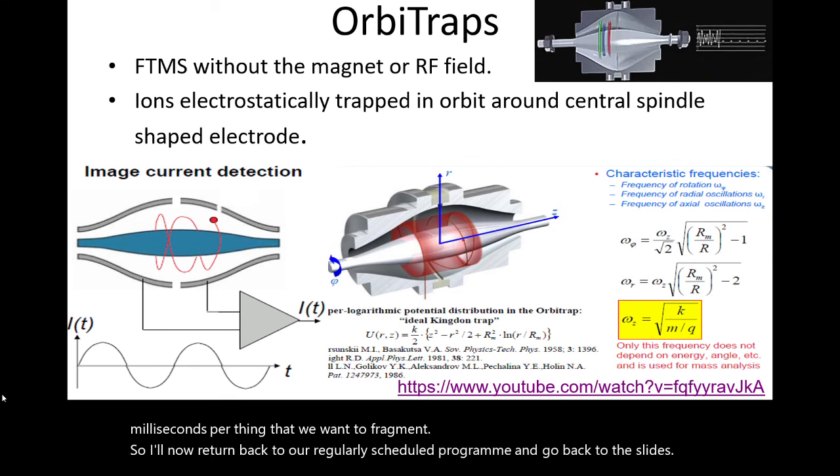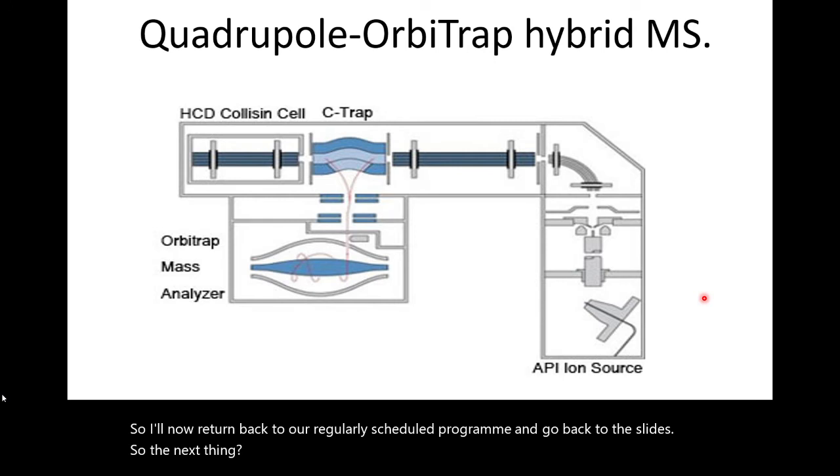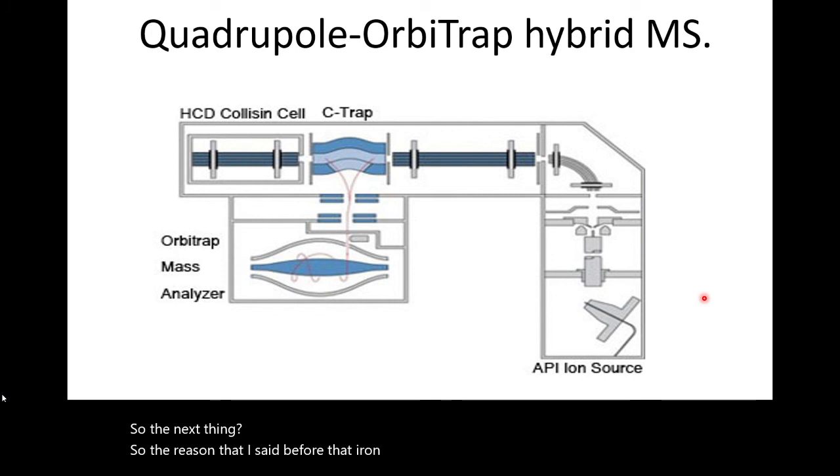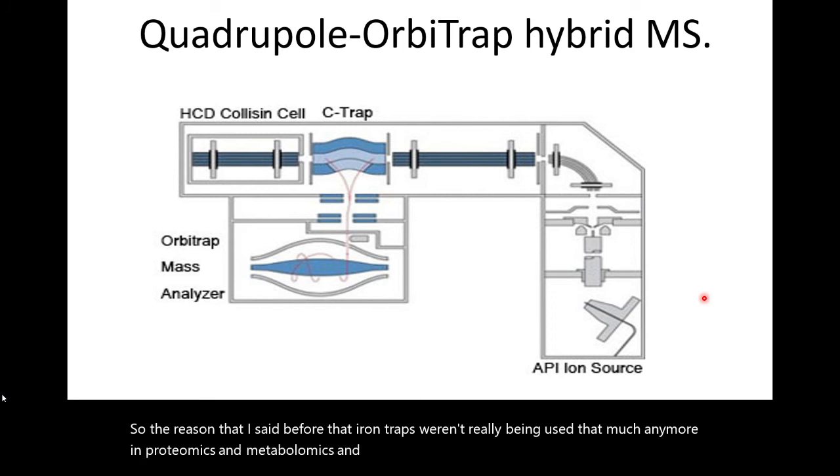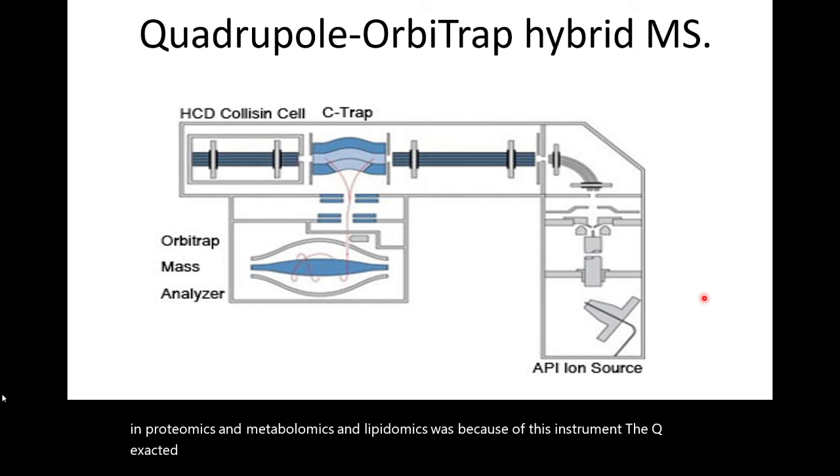So the next thing: the reason that I said before that ion traps weren't really being used that much anymore in proteomics, metabolomics and lipidomics was because of this instrument, the Q-Exactive platform, which we have one of in the proteomics, lipidomics, metabolomics core facility.